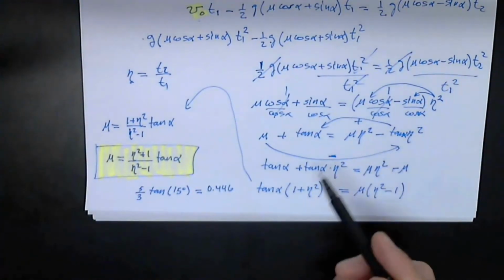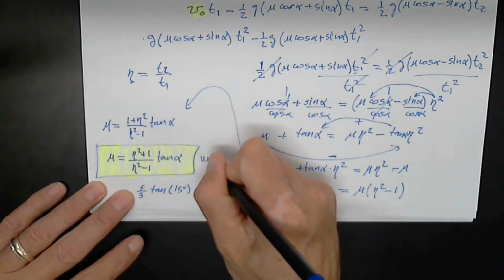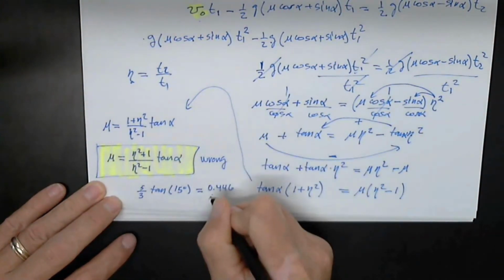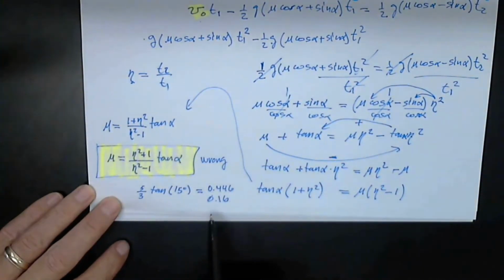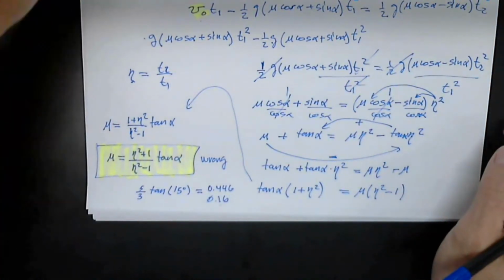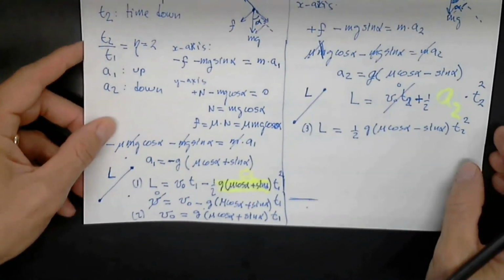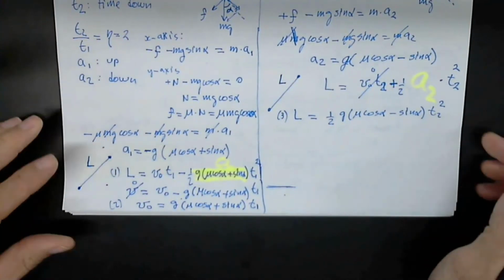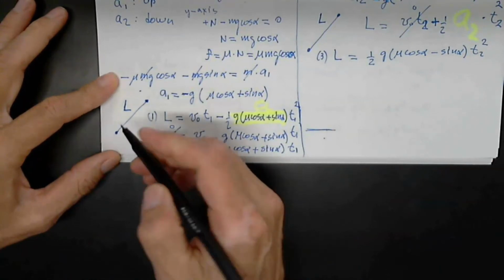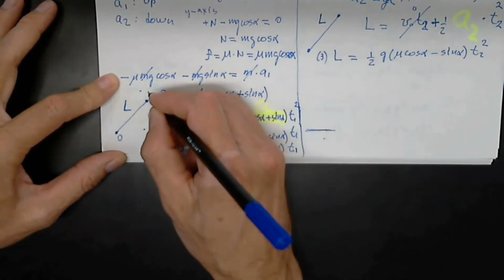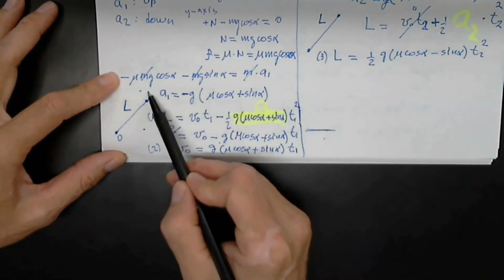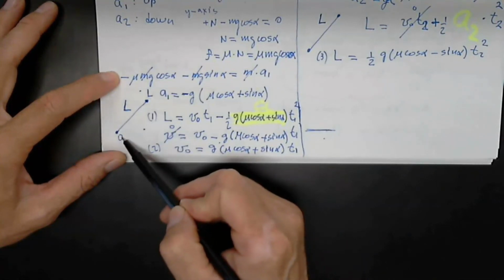I look up the answer and this is wrong. The answer is supposed to be 1.16 for the coefficient of friction. And let's see, kind of find where the mistake is. Again, here the displacement is from 0 to L. So the final is L and the initial position is 0.